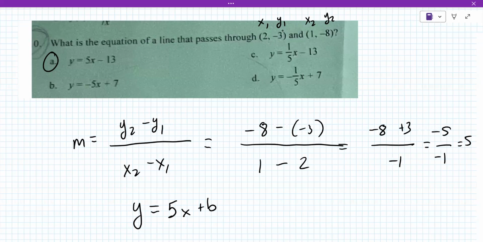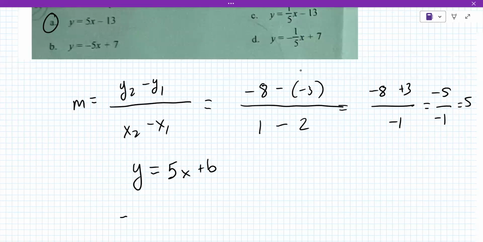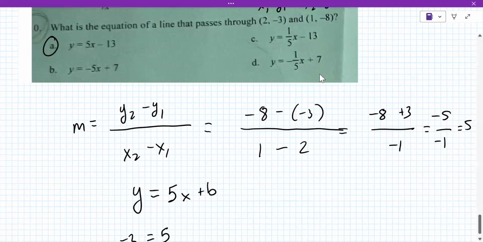Okay, so that means that y is -3, x is 2.